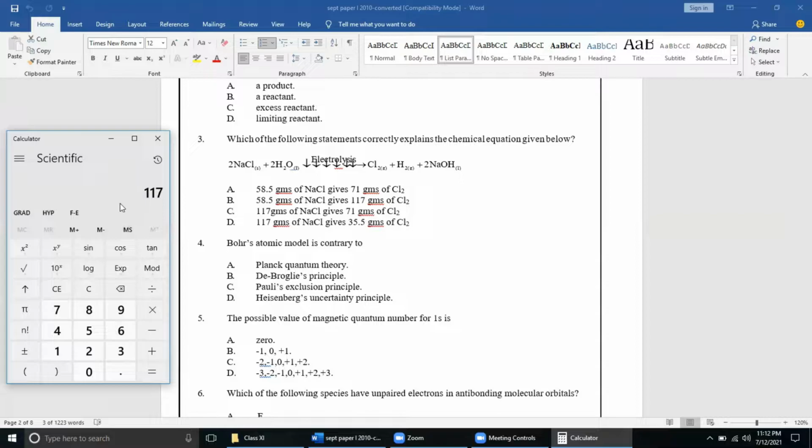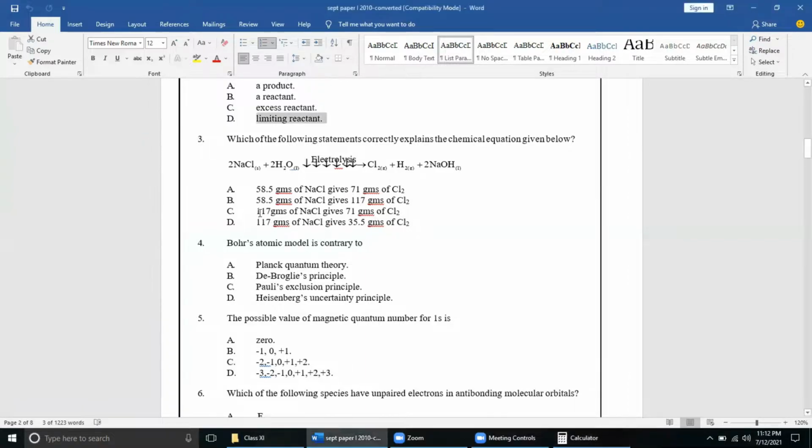Yes, this is 117 grams, and according to this equation 117 grams of NaCl react and give Cl2 gas. The mass of 1 chlorine atom is 35.5, and the mass of 2 chlorine atoms is 71. So option C is correct over here. This is the correct answer.